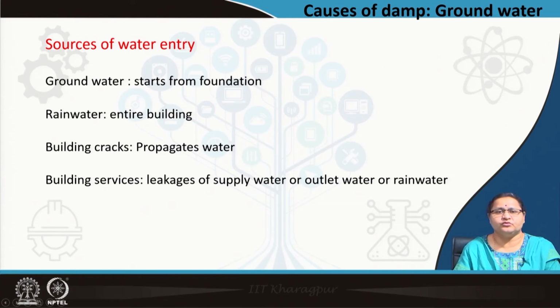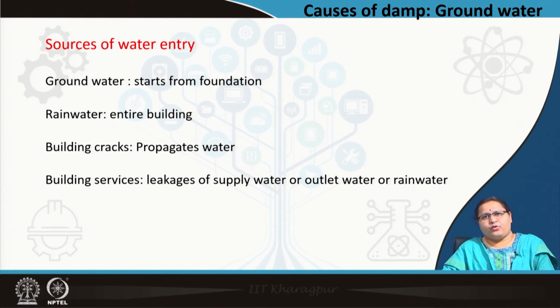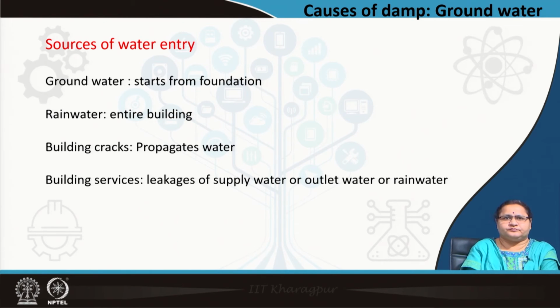So, let us come to the sources of water entry. Groundwater, as I told you, is one of the most important points which we need to check from the very start of building construction, that is the foundation.